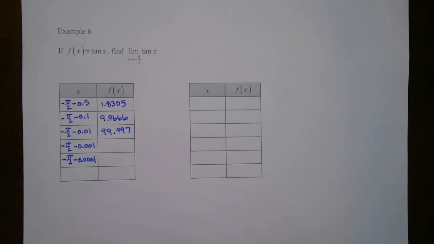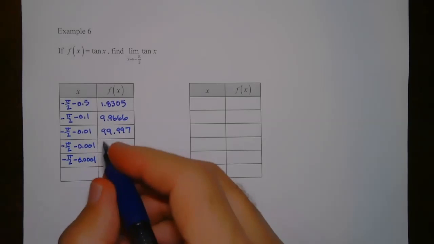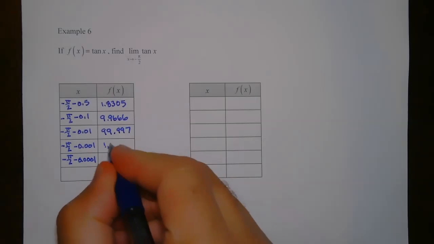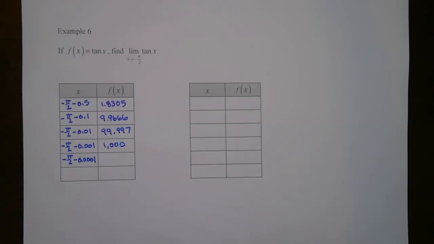And then -pi/2 minus 0.001, and it's rounding to 1,000. It's actually 999.999, but the calculator is giving me 1,000. Let's get even closer: negative pi over 2 minus 0.0001.